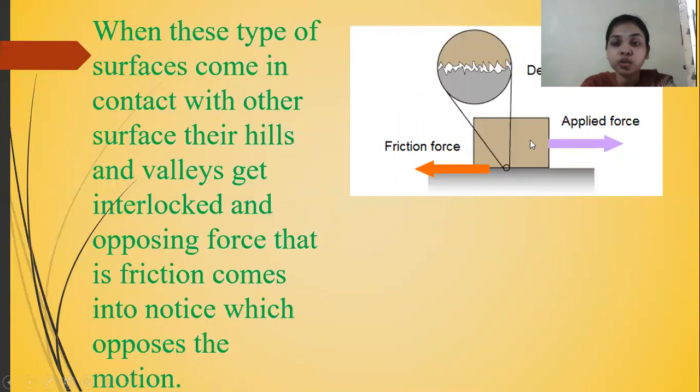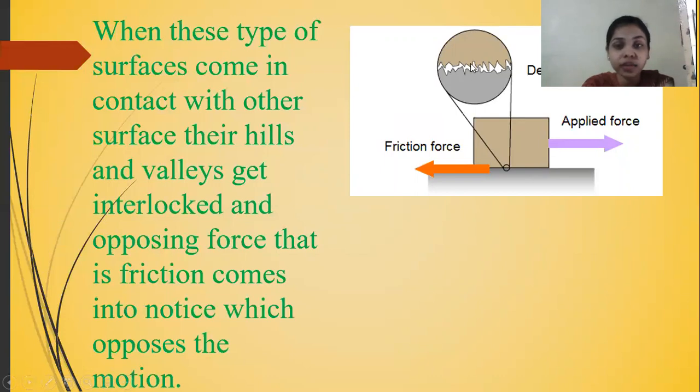The object tries to move to the right side, but the frictional force opposes its motion, and it acts from the opposite side of the applied force. Both surfaces look smooth, but they are not actually smooth. See here, this is the surface of the box and this is the surface of the table. There are some irregularities present, such as the valleys and the hills.